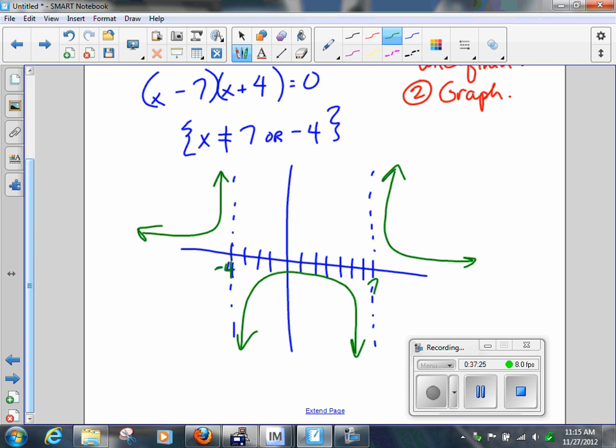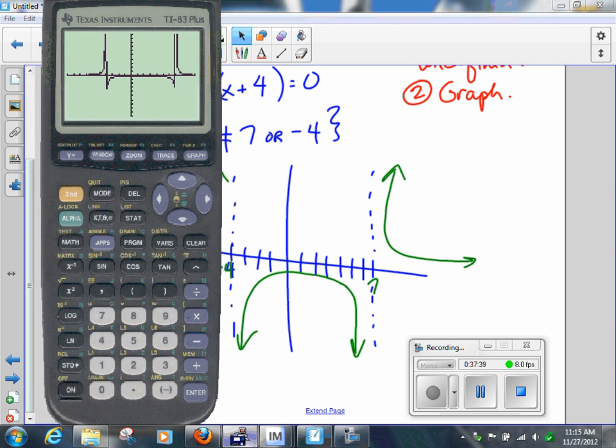There's one other piece on this graph we can talk about. There's a y-intercept. Now, my sketch is probably not accurate, okay, because it's a sketch. But could I find the x-intercept using my calculator? Not the x. Y, could I find the y-intercept?